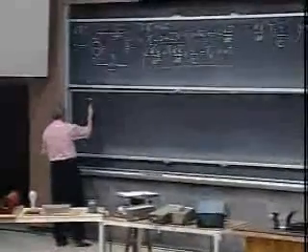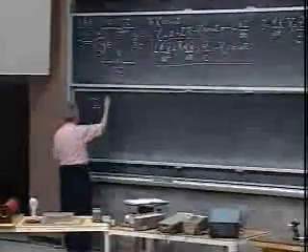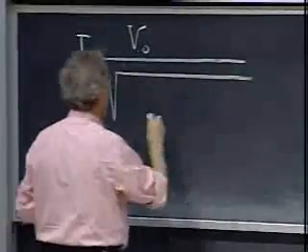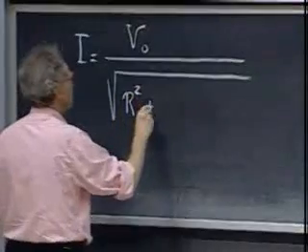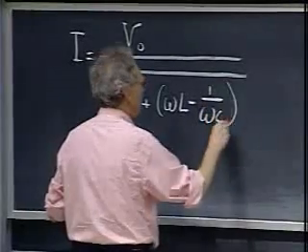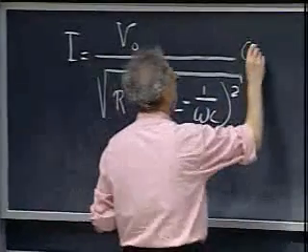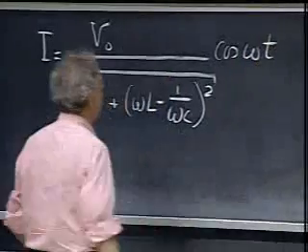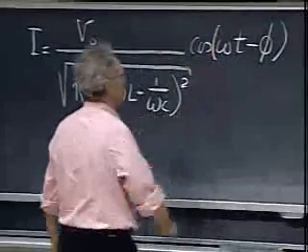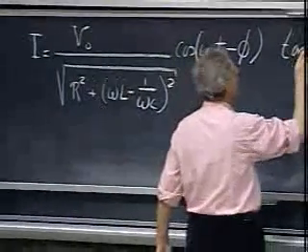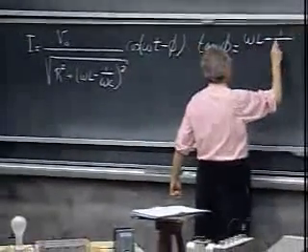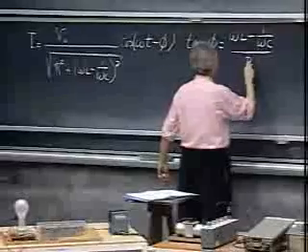So I, that satisfies that differential equation, is V0 divided by the square root of R squared plus omega L minus 1 over omega C, squared, and the whole thing times cosine omega t minus phi. And the tangent of phi equals omega L minus 1 over omega C divided by R.